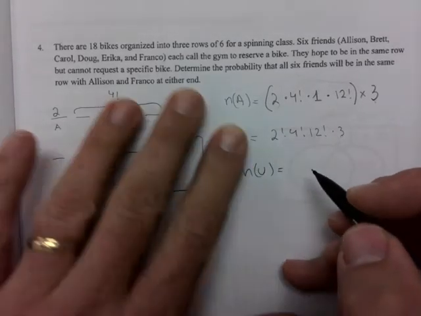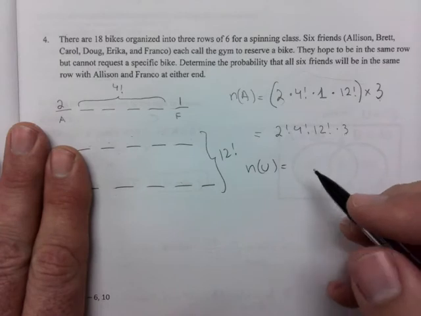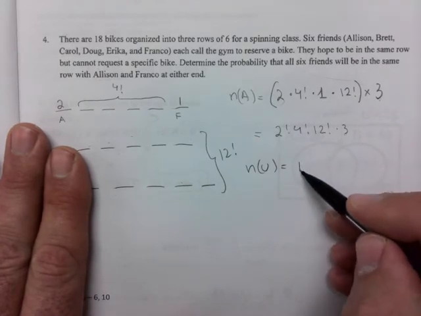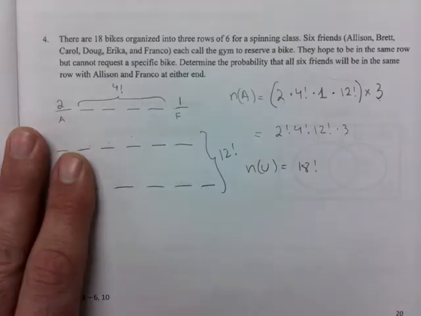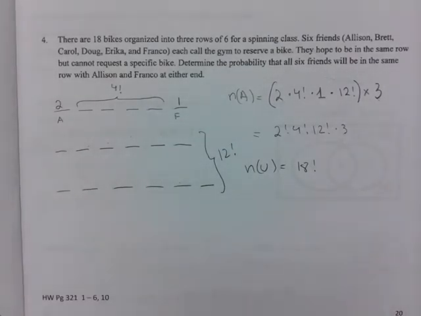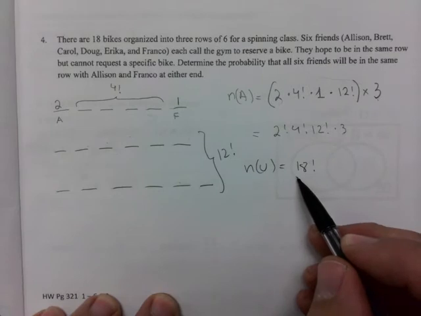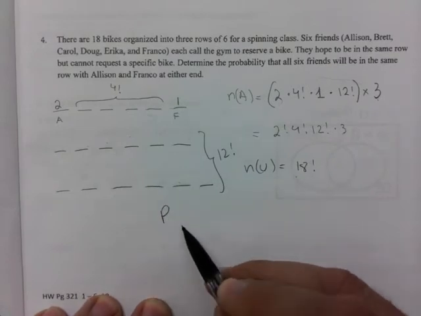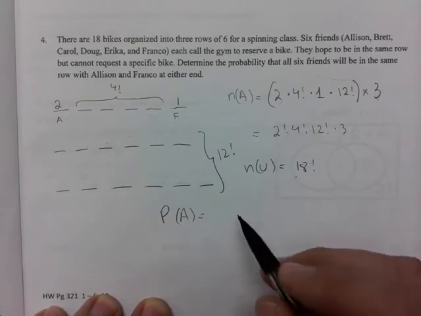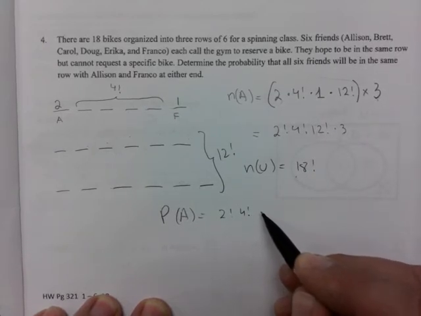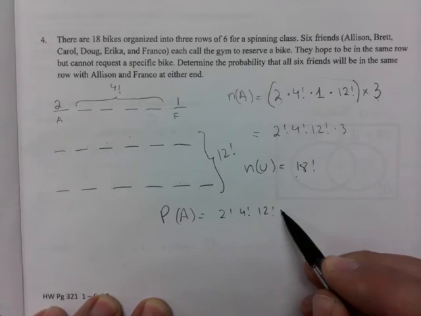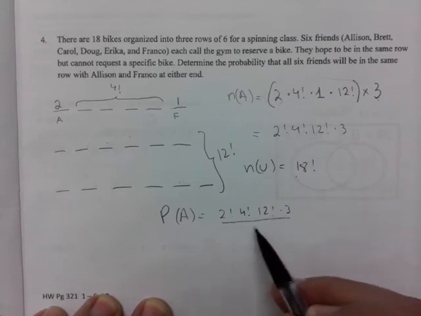NU is absolutely just changing everybody up, not having to stay within your row. You just go every which way. So that's the 18 factorial. So the probability of what they want happening, staying in the same row, would therefore be 2 factorial, 4 factorial, 12 factorial times 3 all over 18 factorial.